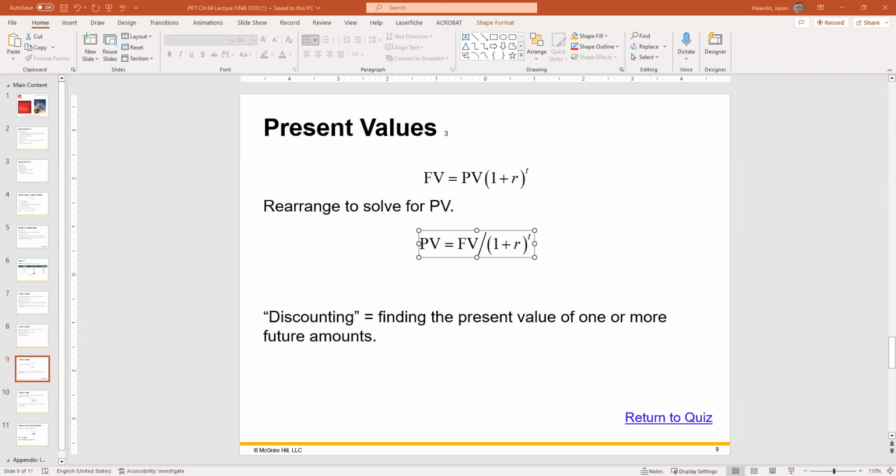So let's say when I retire in the future, I want to have $2 million. Let's also say that the interest rate I can earn on an investment that I make today is 10%.